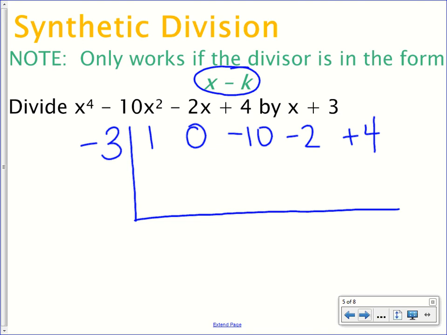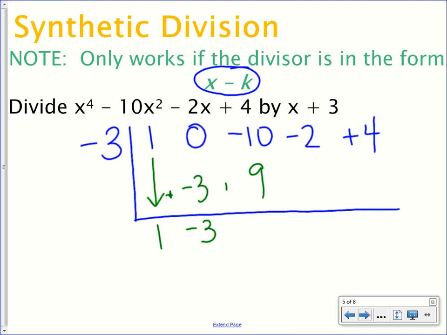So now we are going to drop down this 1. We're going to take 1 times negative 3 to get negative 3. We add this column to get negative 3. Negative 3 times negative 3 gets us 9.